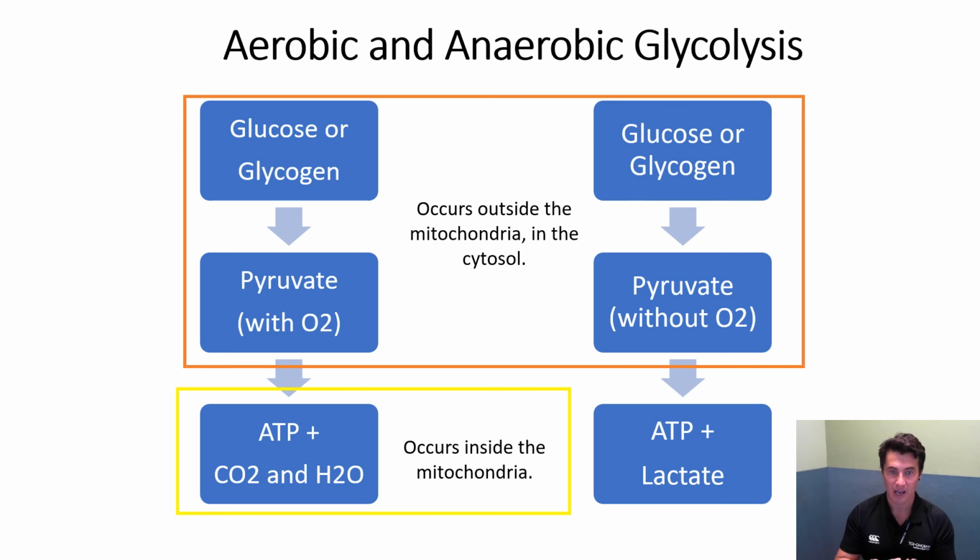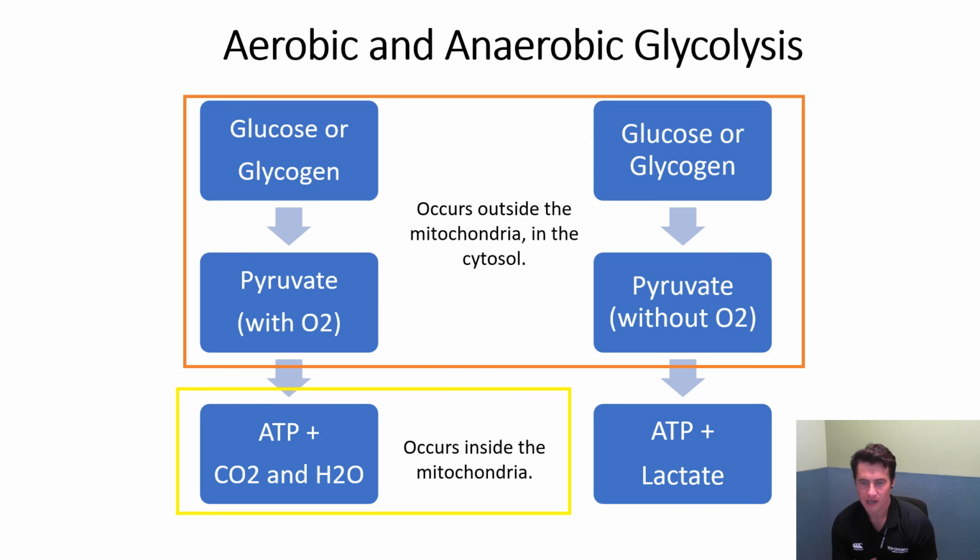Glycolysis happens outside of the mitochondria, so inside the cell, but in the cytoplasm or the cytosol. Then our pyruvate, which is a byproduct of glycolysis, moves into the mitochondria with oxygen and other things to produce big amounts of ATP.